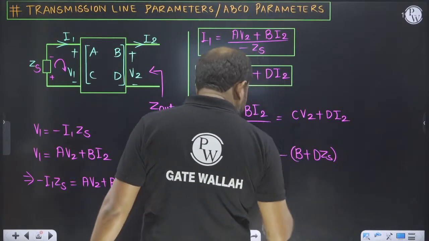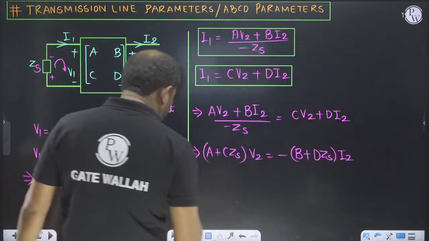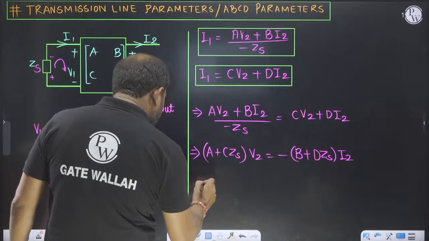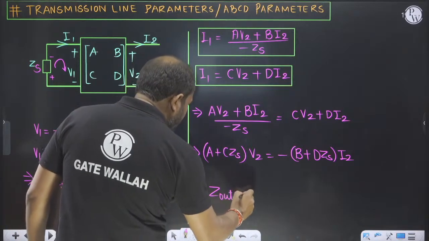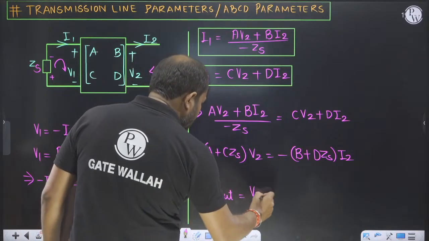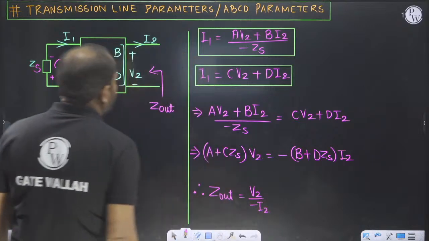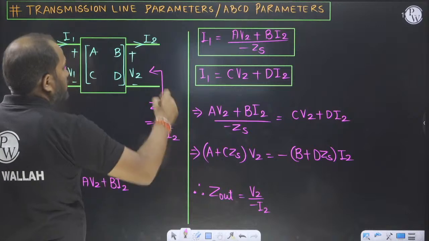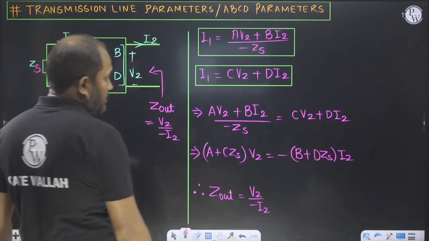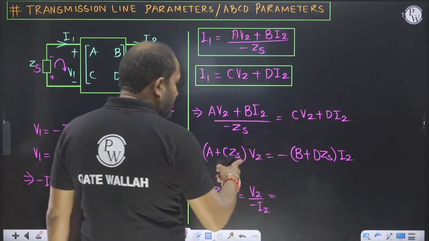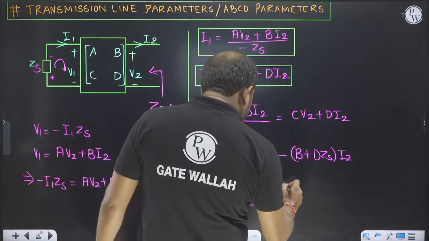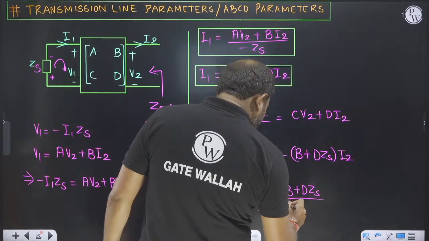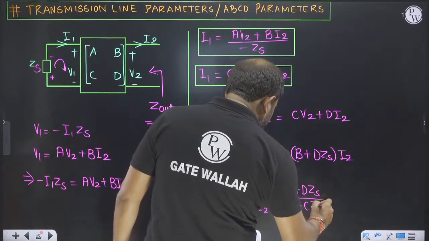Z out will be equal to minus V2 upon minus I2, because I2 current is outward. So Z out will be equal to V2 upon I2, which is B plus DZs divided by A plus CZs.